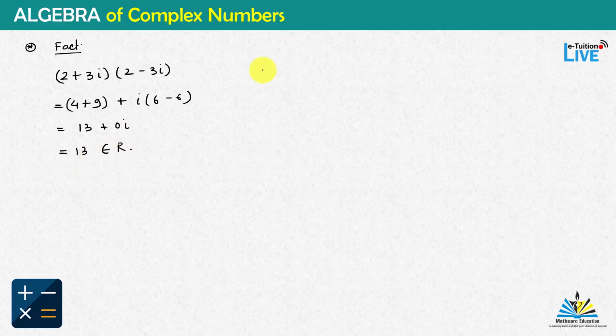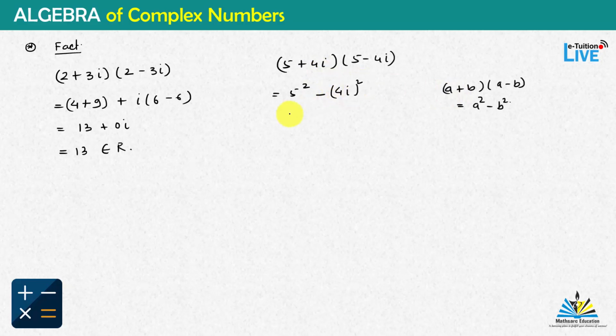Again, let's have another case: 5 plus 4i multiplied by 5 minus 4i. Now this time you can apply the (a plus b)(a minus b) formula, as we can have a square minus b square. So let's apply this formula here: 5 square minus (4i) whole square.